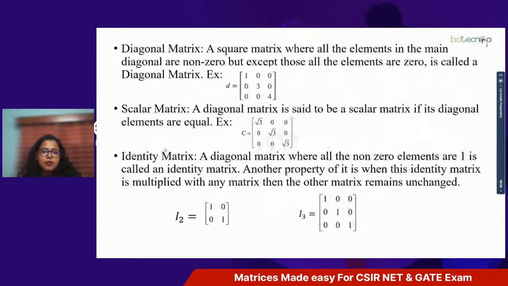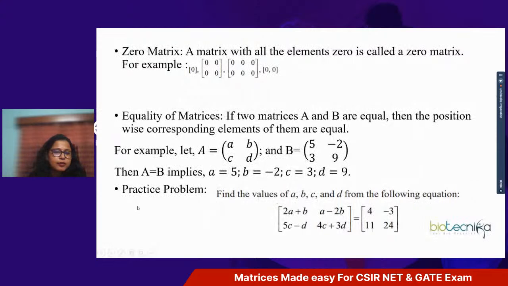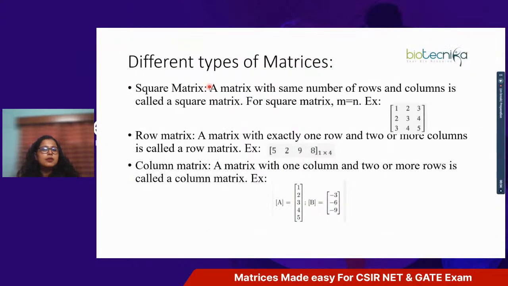So first comes the square matrix. As the name suggests, square means each side will be of the same length.